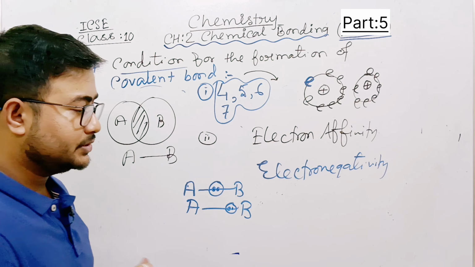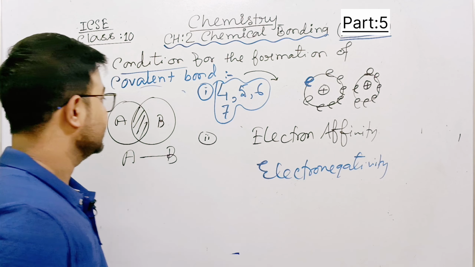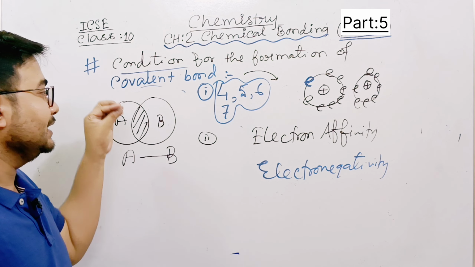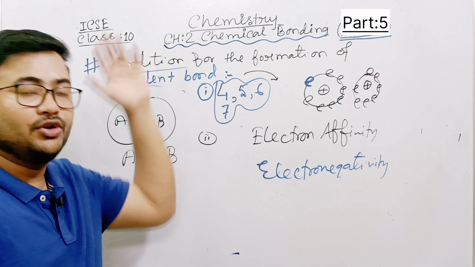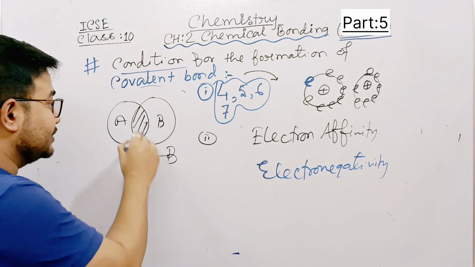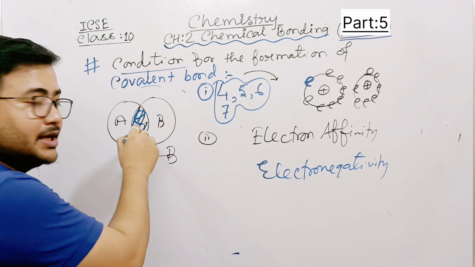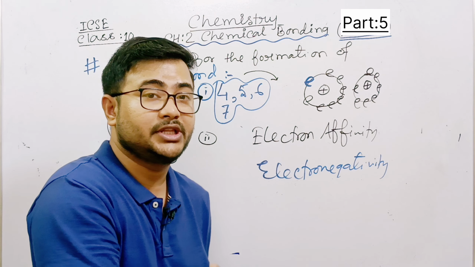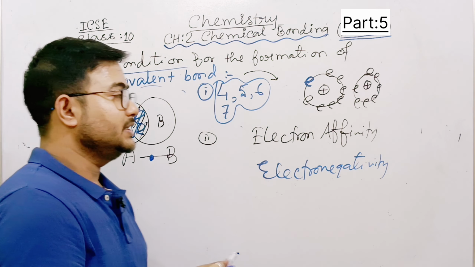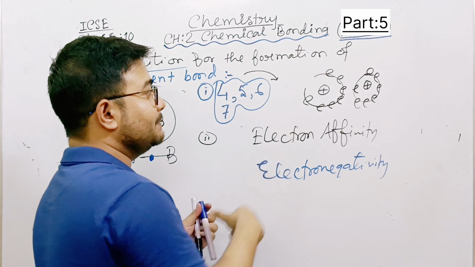Okay, now my next concept: in case of this type of covalent bond, will they try to lose electrons? No. They will try to bind the electron in the common space. A also donates an electron here, B also donates an electron here. So they will not lose, they will bind the electron in the common space. So electron binding means electron affinity, accepting the electron.